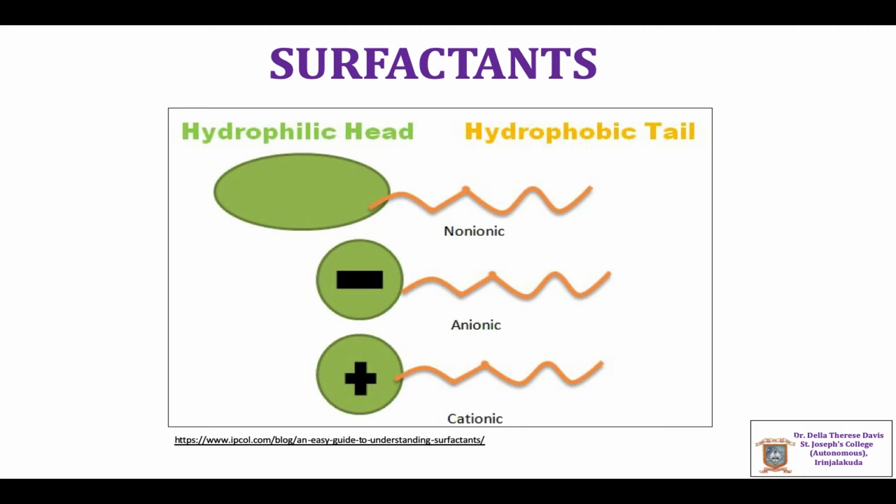The surfactants which ionize in water to yield surface active anions are called anionic surfactants. The best example is soap. Soap is RCOONa, that is sodium salt of large fatty acids. And in aqueous medium it dissociates as Na+ cation and RCOO- anion.